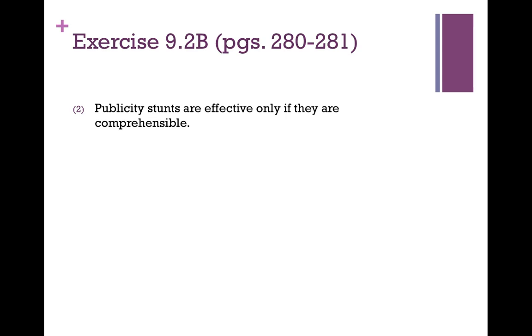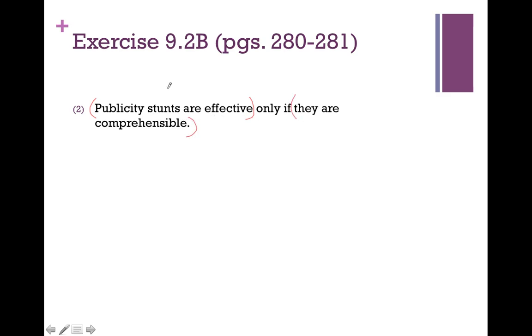Beginning with number 2, publicity stunts are effective only if they are comprehensible. And in order to symbolize this, the very first thing we need to do is to figure out the component propositions. And here we have two. The first component proposition is publicity stunts are effective. And then the second one is they are comprehensible.